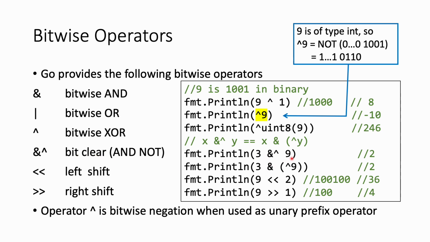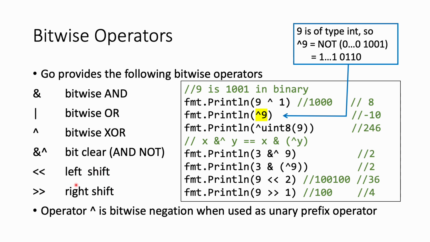For example, when you write 3 bit clear 9, you will get the same result as applying the bitwise negation of 9 and then applying the bitwise AND between 3 and the bitwise negation of 9. So in both cases, we get the same result.